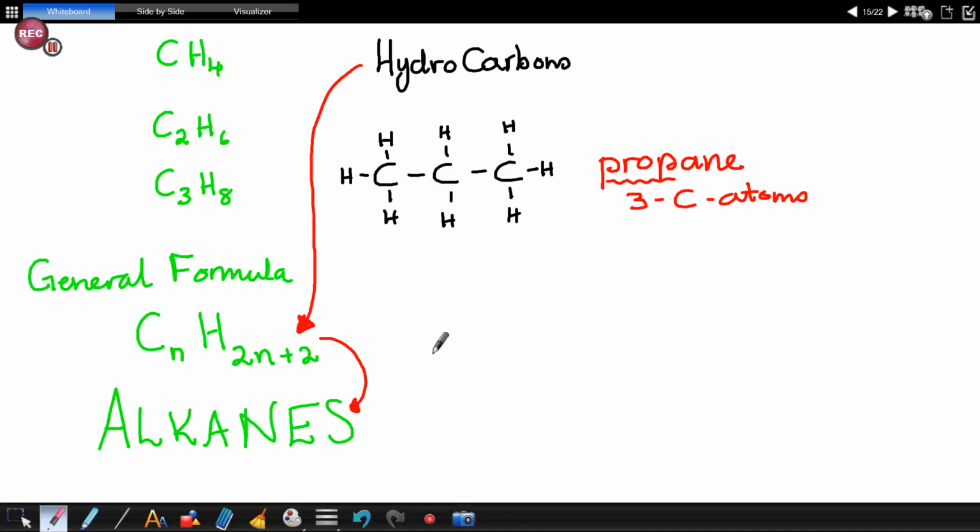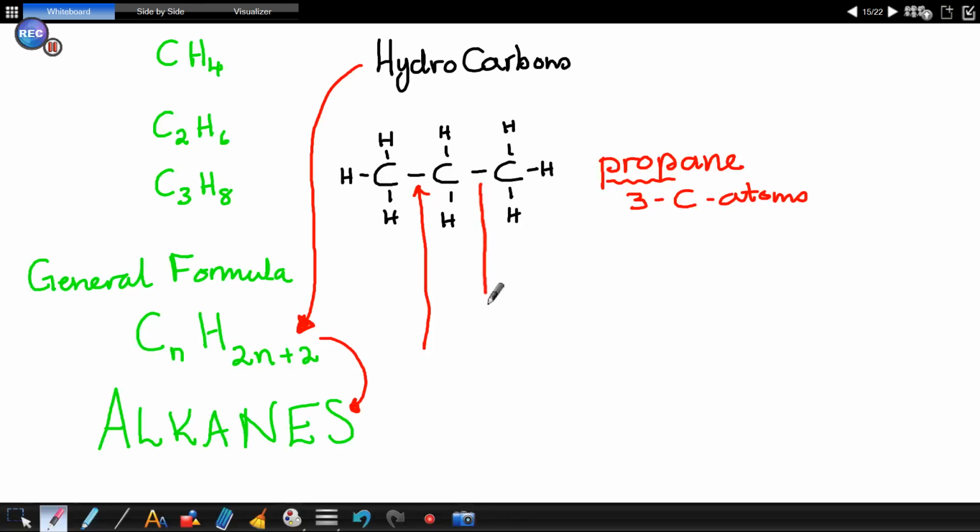So it is an alkane because it's got only single bonds between the carbon atoms, and the formula is CnH2n+2. Oh, so there are no double bonds? No double bonds.